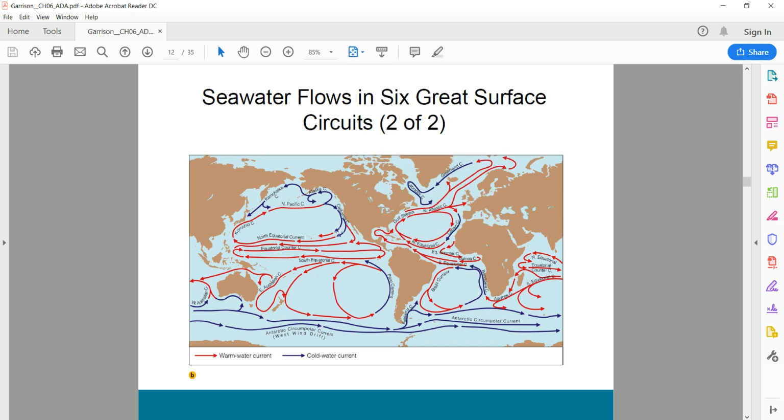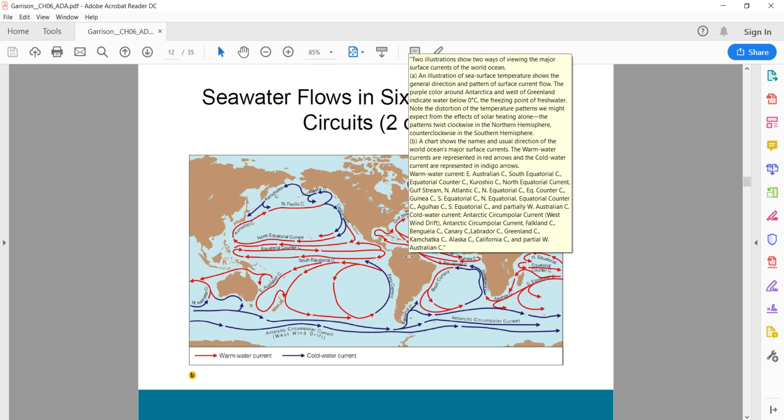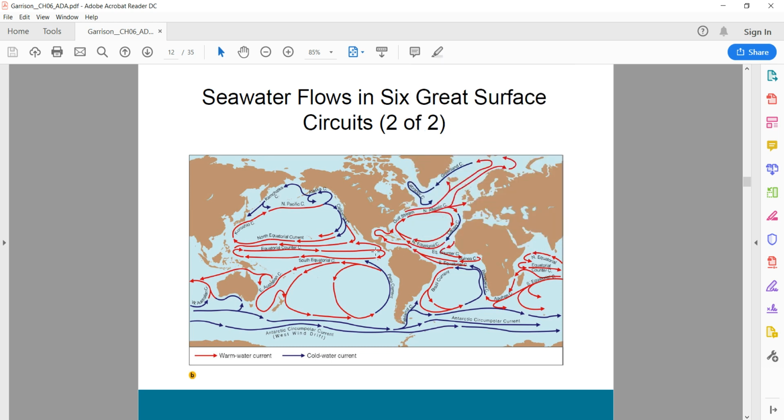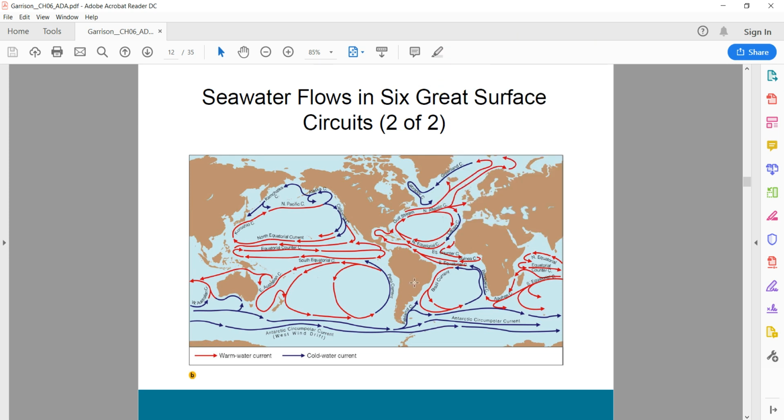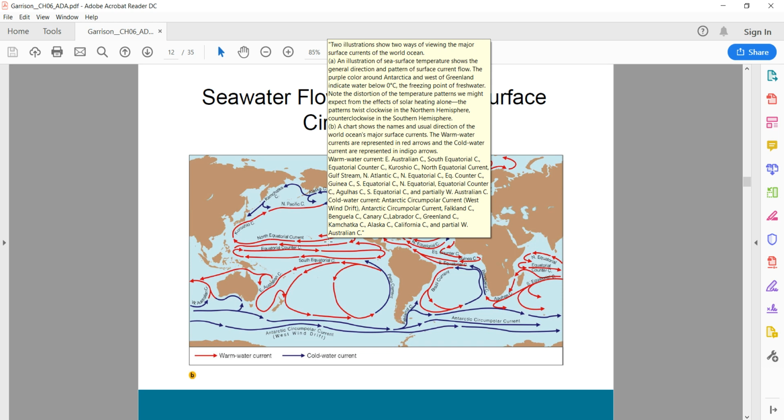Warmer water is nutrient depleted, it doesn't have much nutrition, but the cooler water has a lot more nutrition compared to the warmer water. So wherever you see these blue lines, there is more chance of marine life, and fish life will be a lot more dominant there, because this cooler water is much richer in nutrients to support marine life. So these are the major differences.